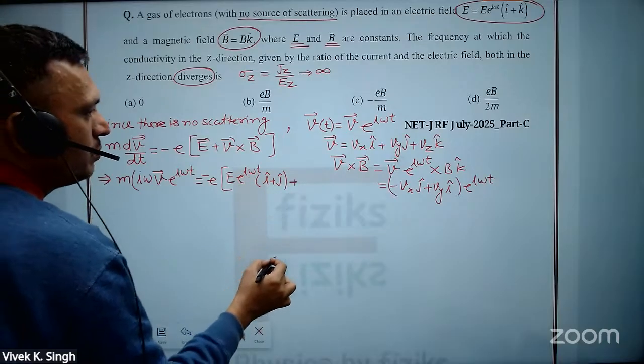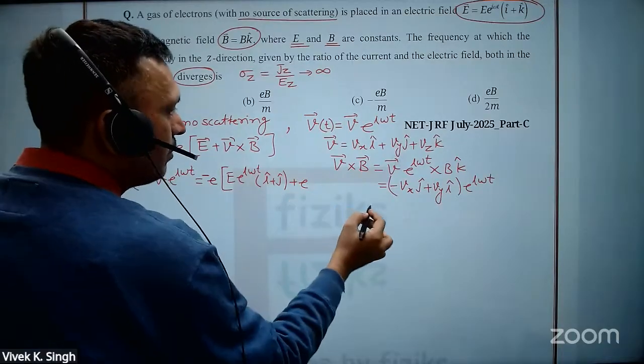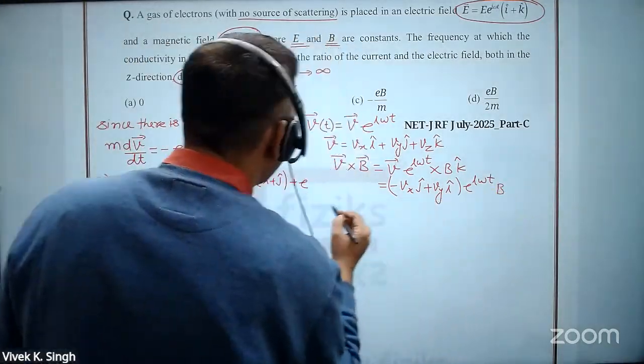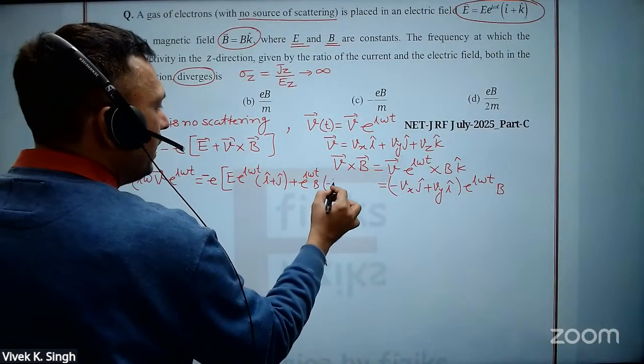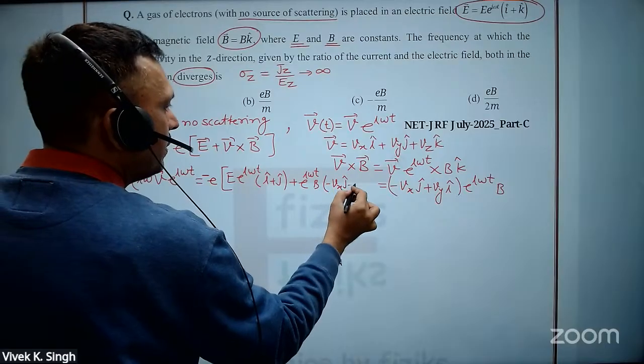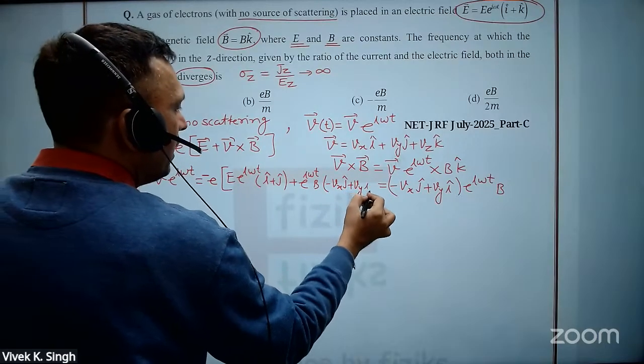And what is V cross B? Here B is also there. This will be B exponential iota omega t times minus Vx j cap plus Vy i cap.